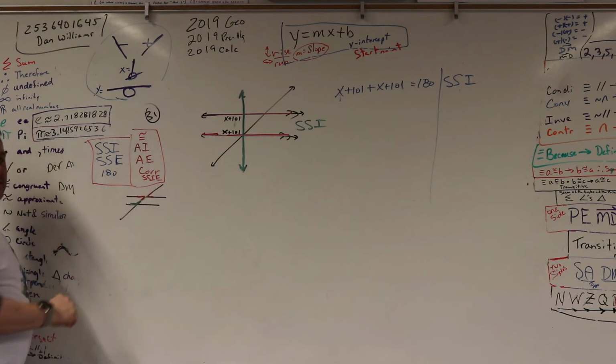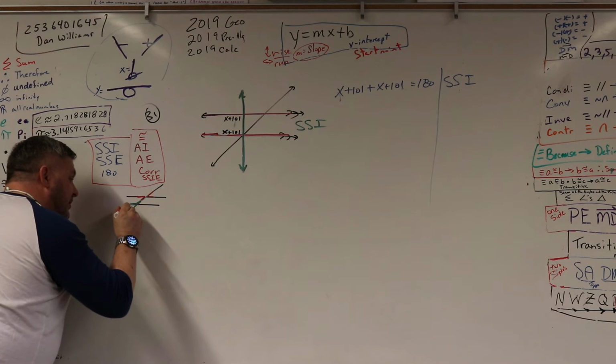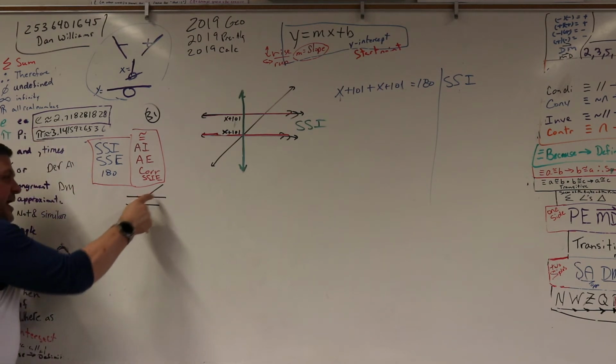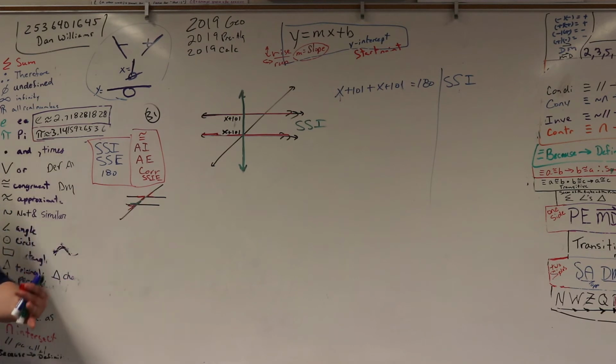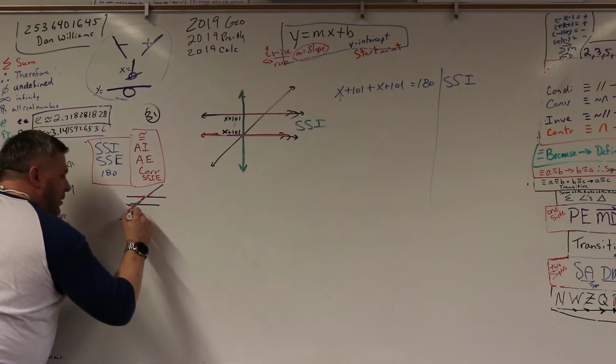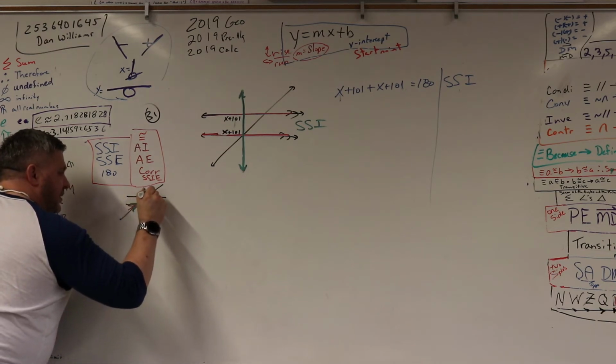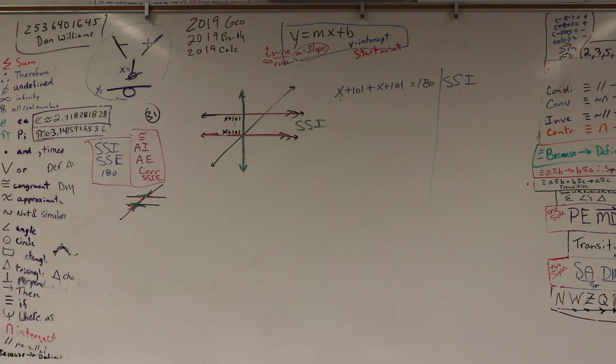They're vertical. But on the same aspect, aren't those congruent? Alternate exterior? You see what I'm saying? All those red ones are congruent, and all the green ones are congruent. Does that make sense?